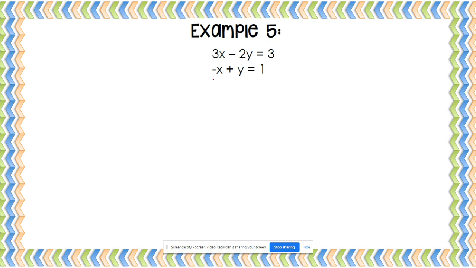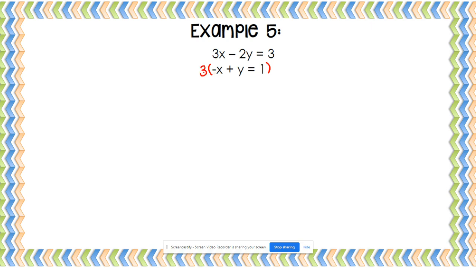So if I don't have a zero pair, I have to create that zero pair. If I look at my second equation, both of these have coefficients of 1 or negative 1, so they're probably pretty easy to manipulate. I notice that this x has a coefficient of 3, and this x has a coefficient of negative 1.